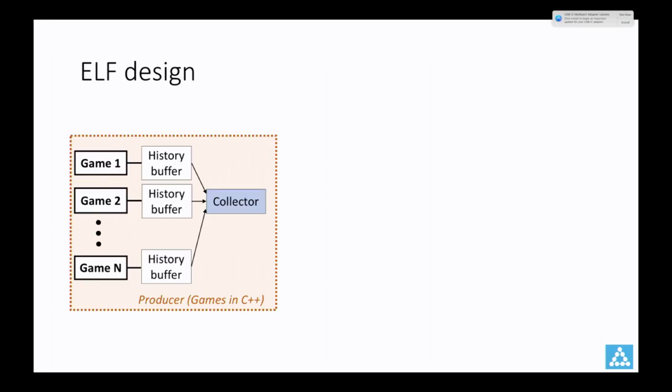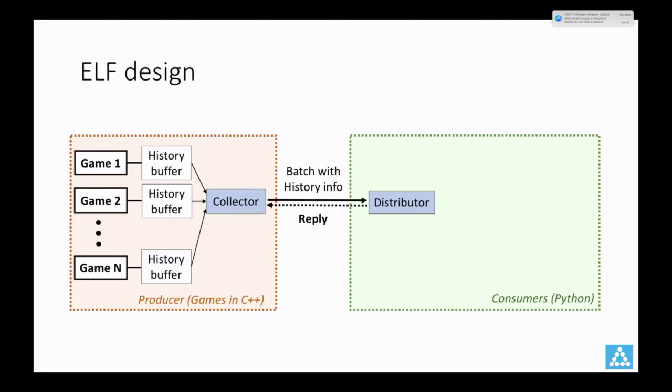Besides all the game threads, there is a collector in a separate thread that collects the states of multiple games. Once enough states are collected, the collector will send the batch of states to the Python side. Then the distributor on the Python side will distribute the batch to the desired models.